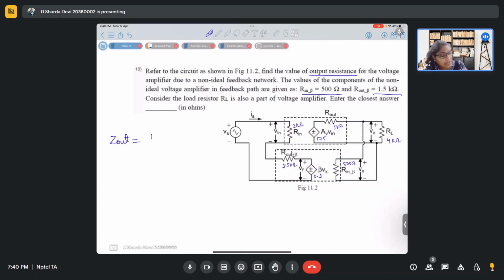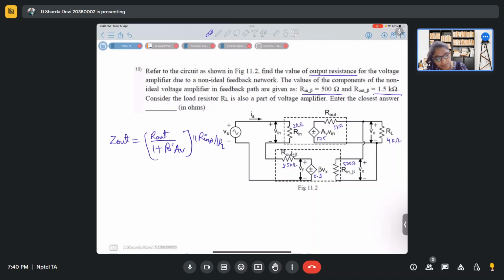The formula is R_out upon 1 plus beta' A_V, parallel to R_in beta, this one parallel to R_L.